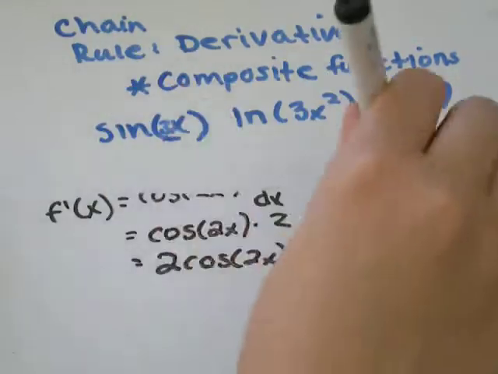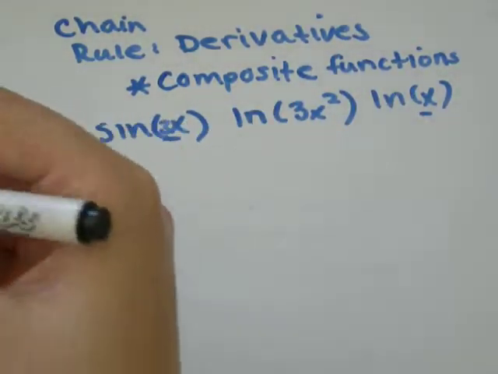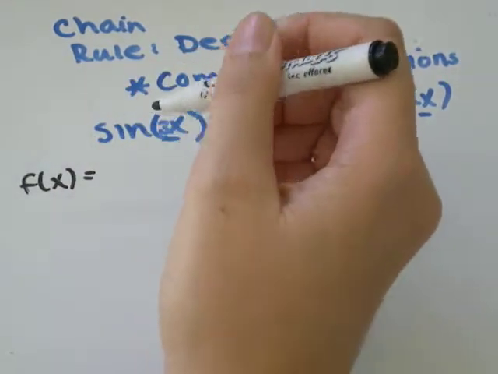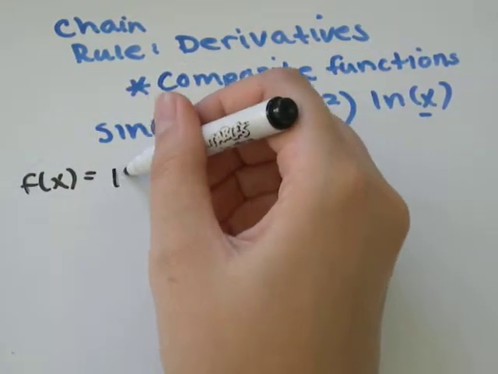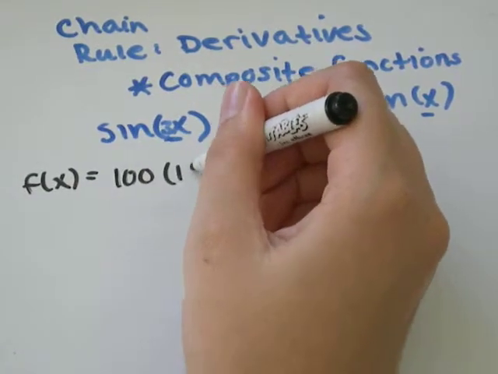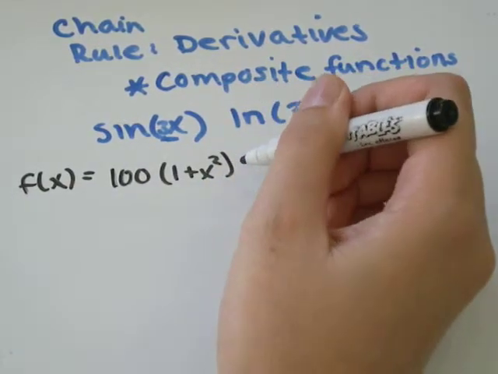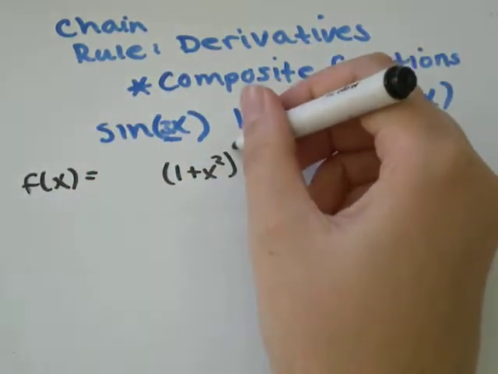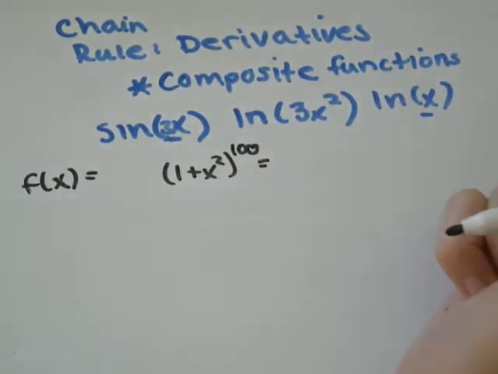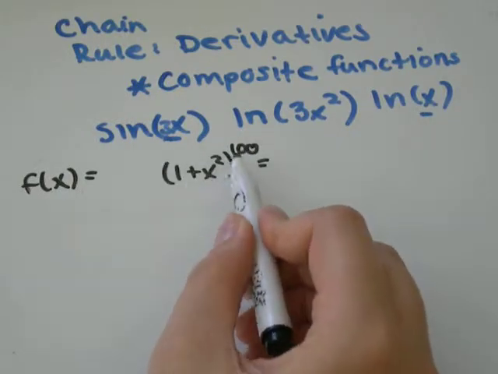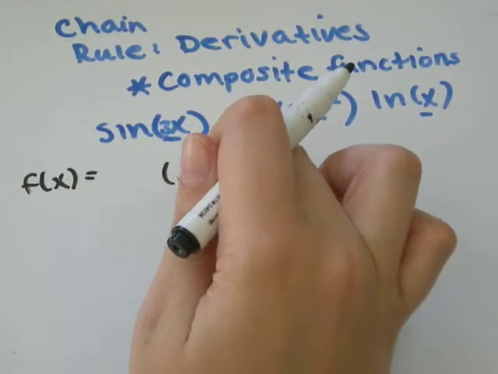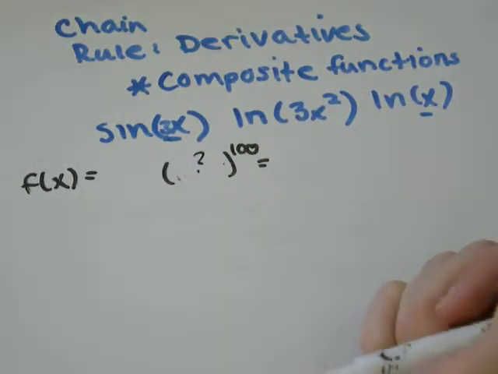Let's do one where we've got exponents. We have f of x equals 1 plus x squared to the power of, oh sorry, that 100 was actually just the exponent. Okay, so we've got something in brackets to an exponent. We don't care what the thing is in brackets at this point.